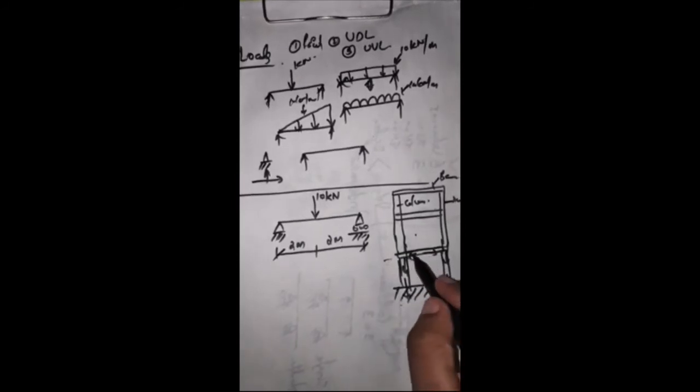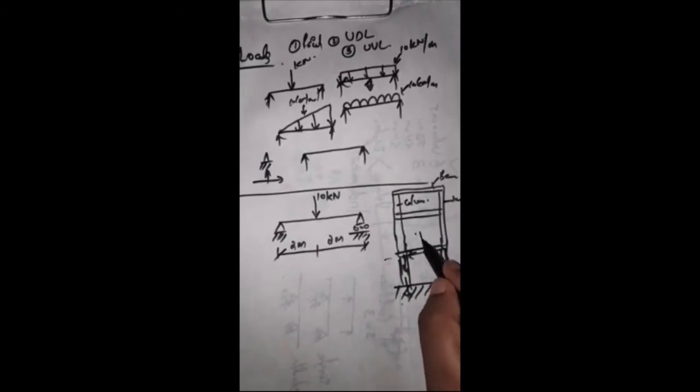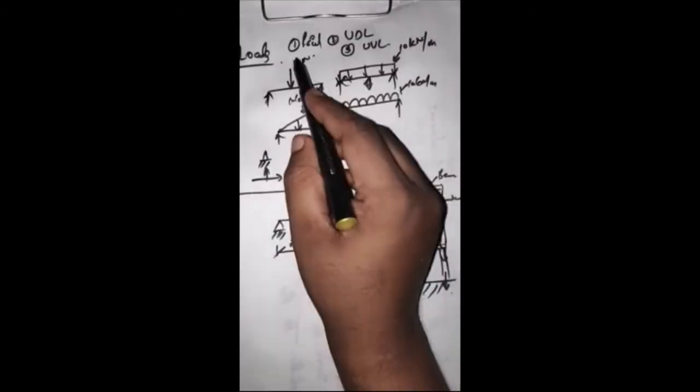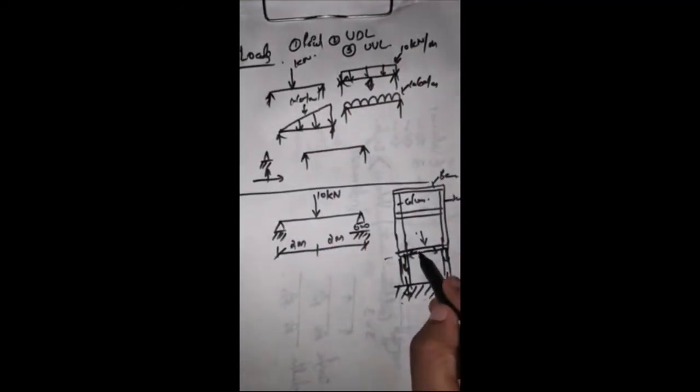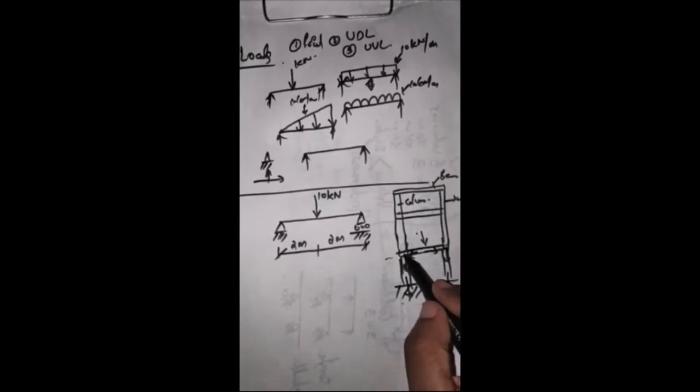The force can be a point force, UDL or anything. It will pass like a horizontal force till the end, and then at the ends it will become a vertical force.